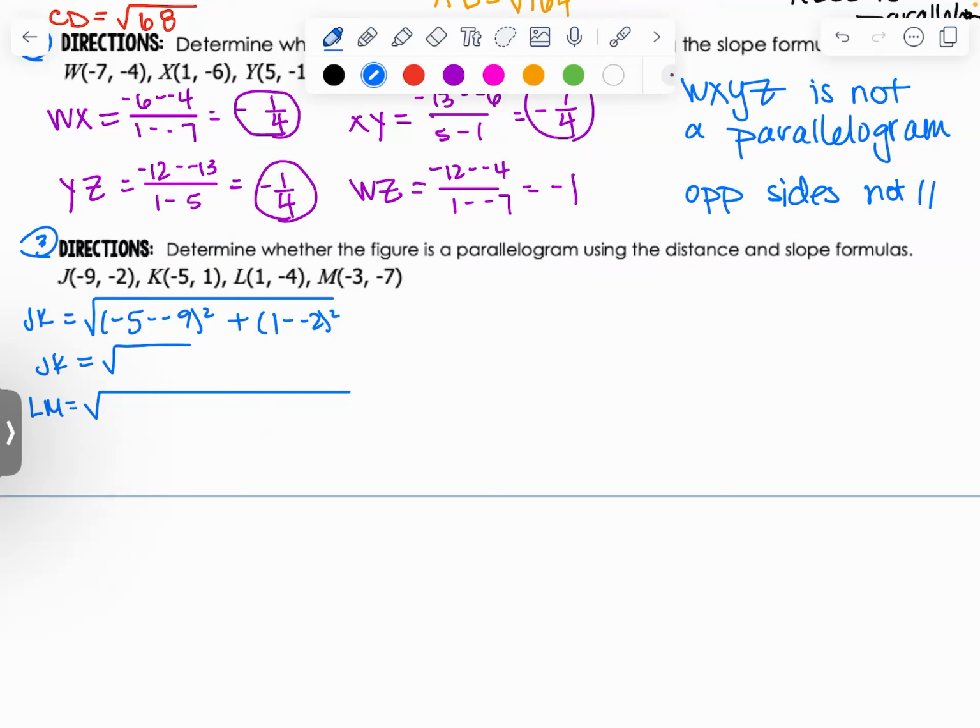So what do we have, 16 plus 9? What does that mean? What's our distance? Square root of 25, which is 5.